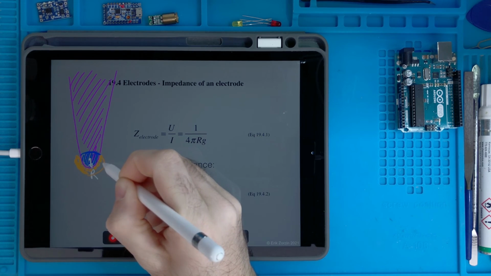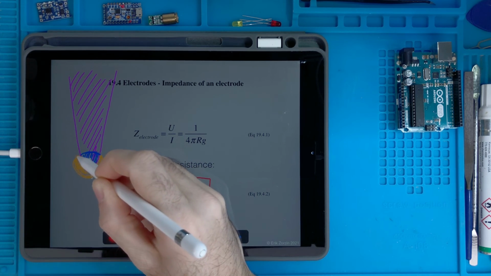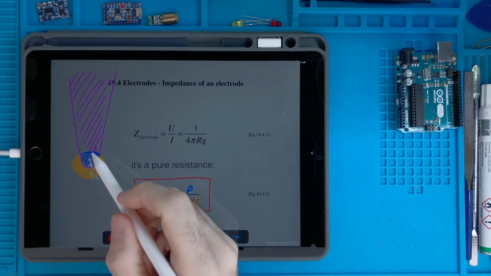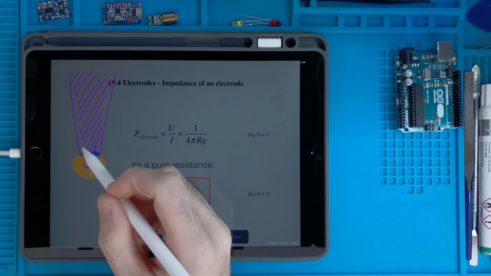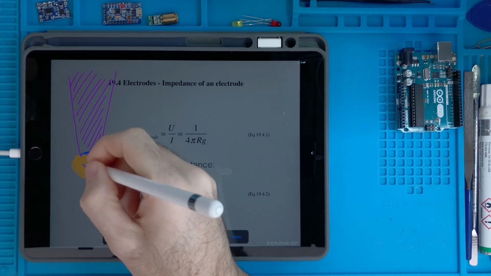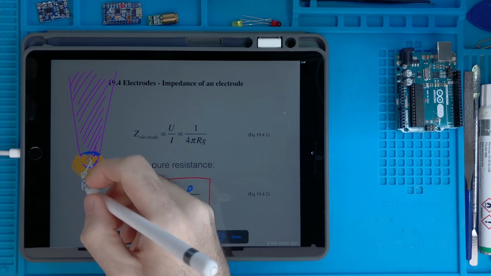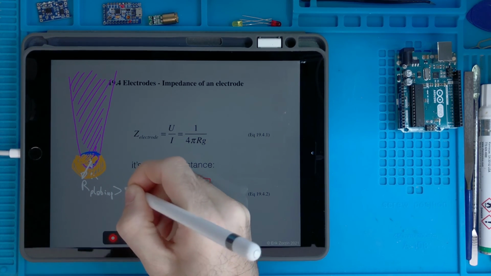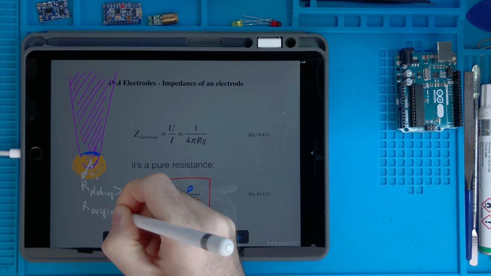So then, in the end of this electroplating, you will have a gold layer which adds to the original part of the exposed tip of the electrode, and this can make the radius become bigger. So let's say the radius after plating can be bigger than the original radius.